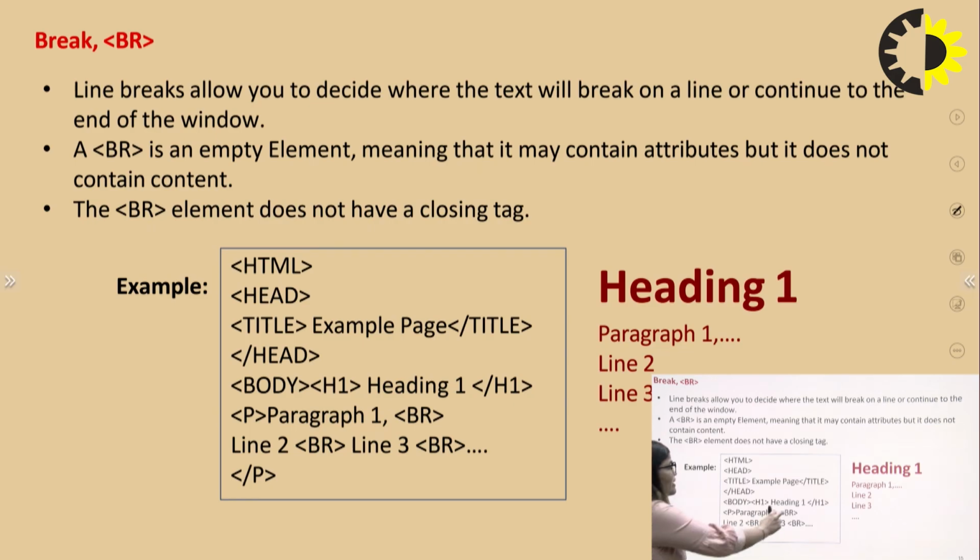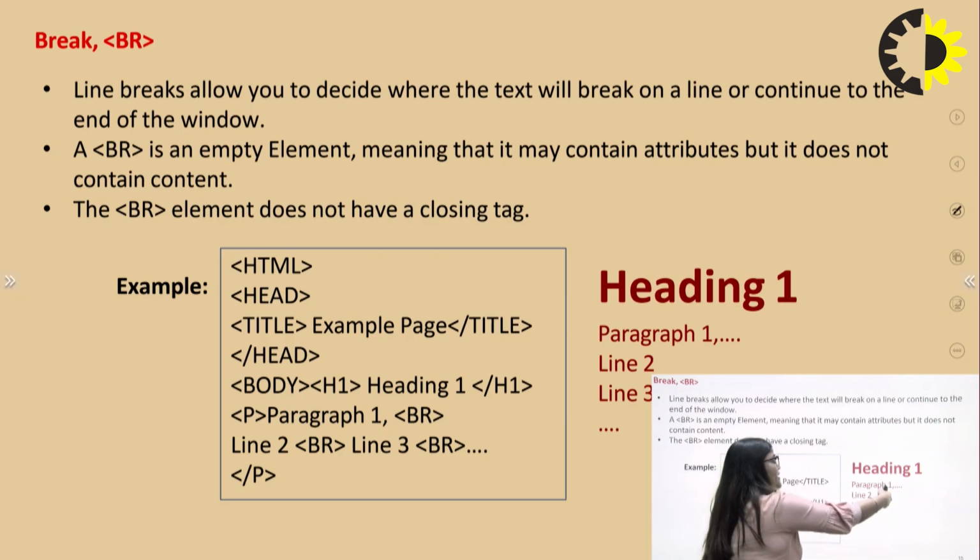That means when I am applying this BR, line 2 would come in a second line, and then third line, and so on. So you can see the output, paragraph 1. After that I have used this BR, automatically we come into the second line, and again we have used BR, and then third line and fourth line. Means we are breaking that line and coming into a new line.